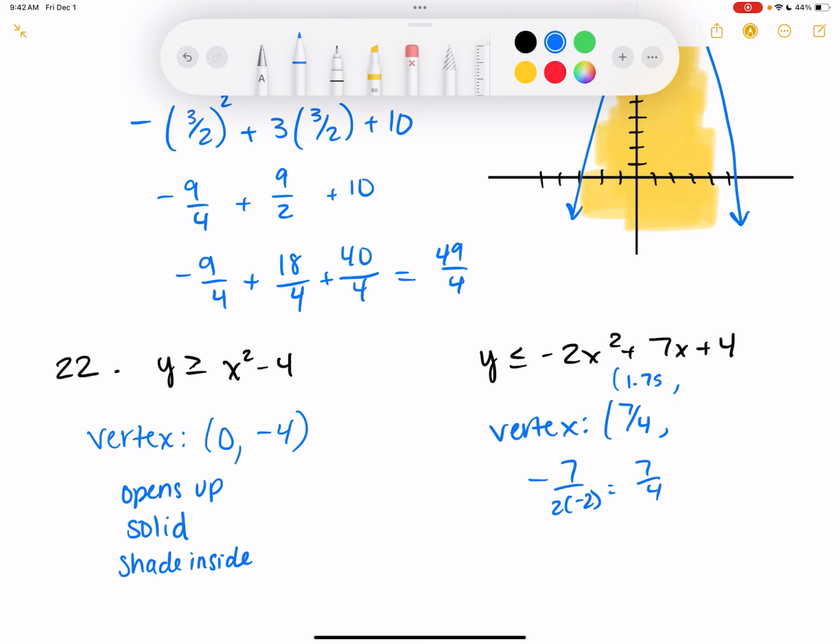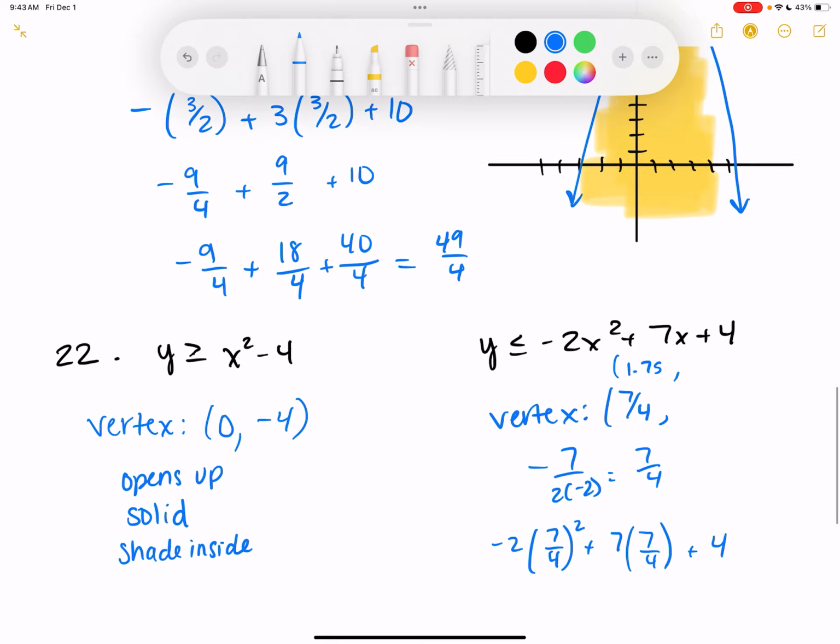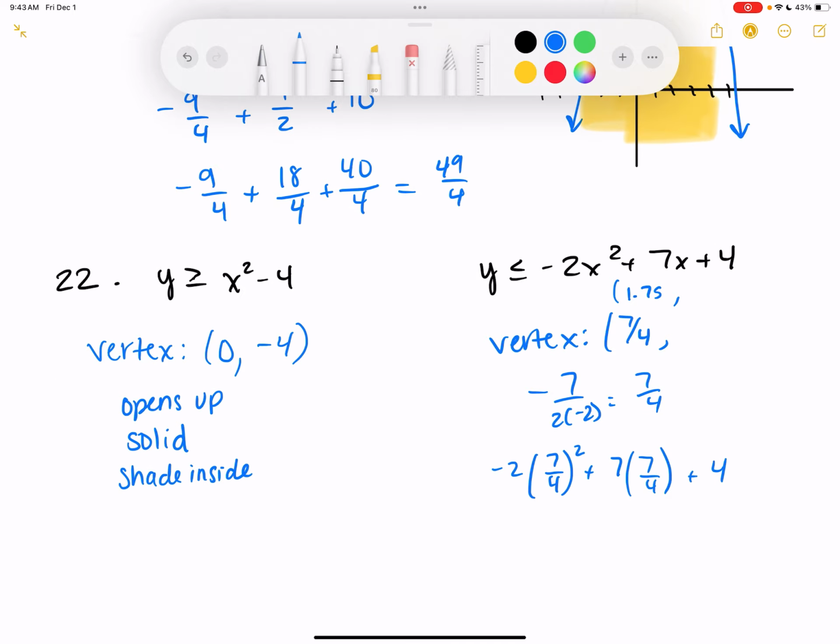And then negative 2 times 7 over 4 squared plus 7 times 7 over 4 plus 4. So that's going to be negative 2 times 49 over 16, which reduces to negative 49 over 8.